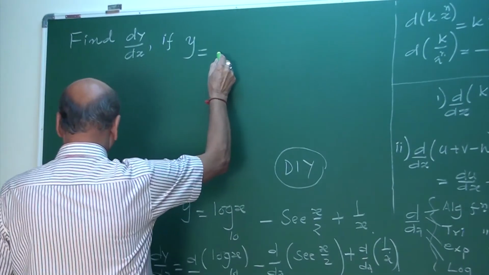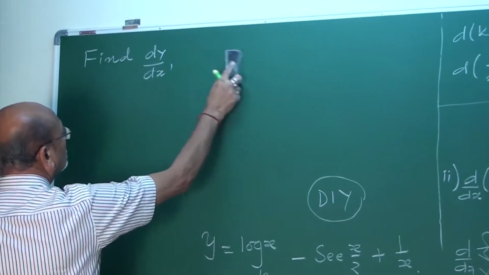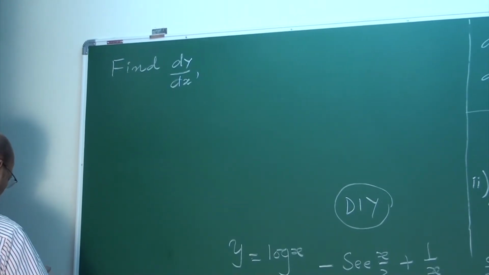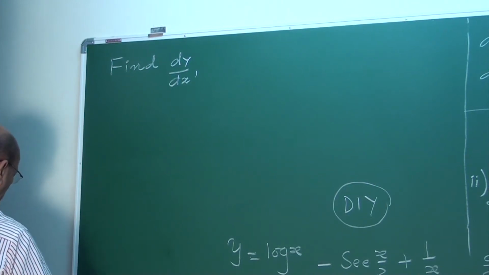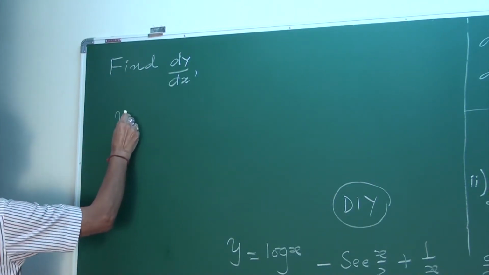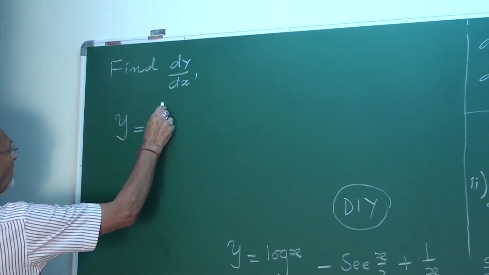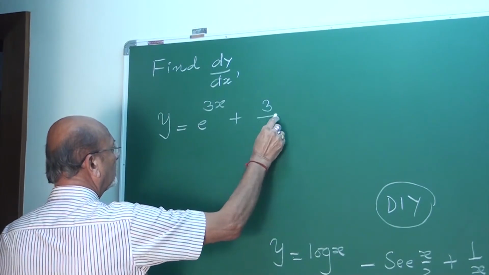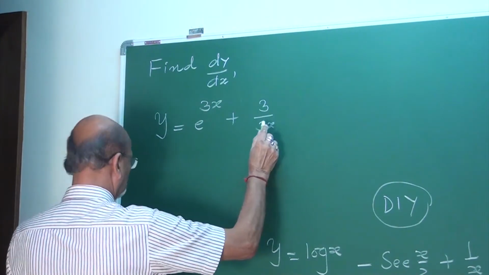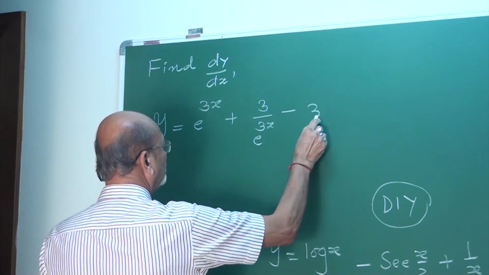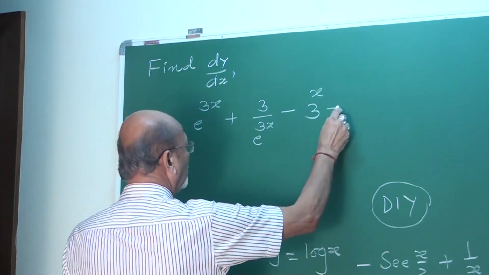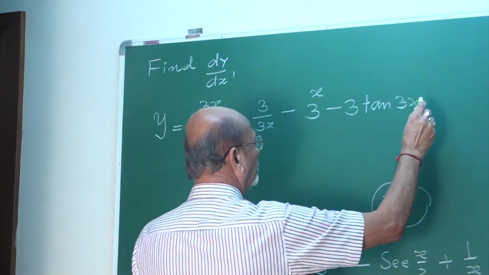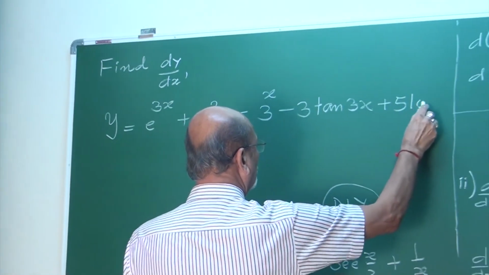Y equal to e to the power 3x plus 3 upon e to the power 3x minus 3 to the power x minus 3 tan 3x plus 5 log x.